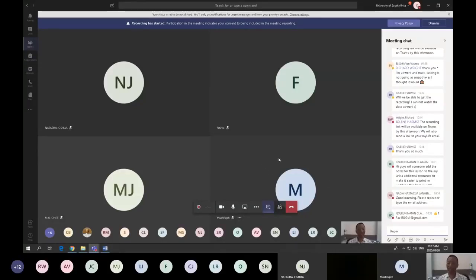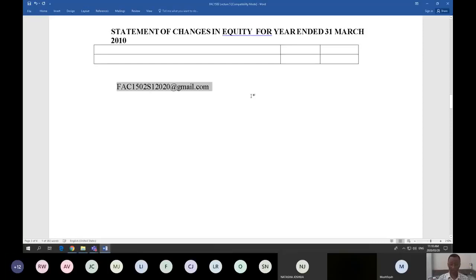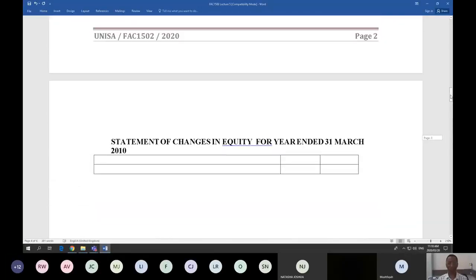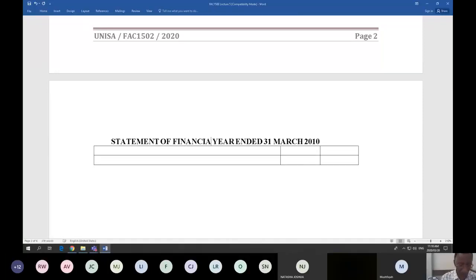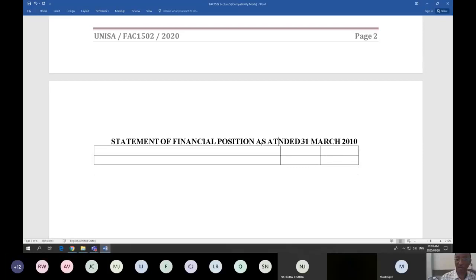And once again, guys, in lecture number 4, I had given you the format of that statement. So we are now going to apply that statement. So we are doing the statement of financial position as at the 31st of March 2010.